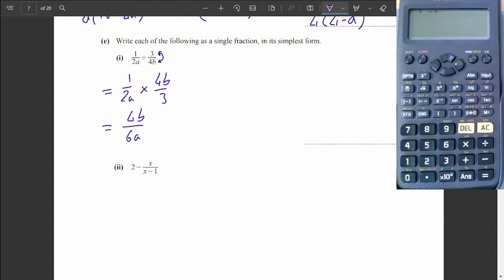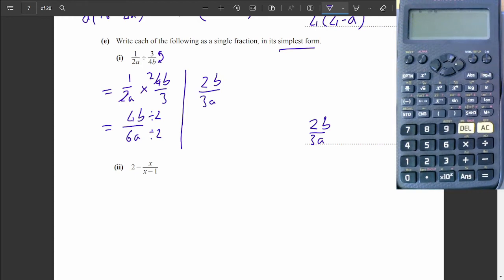And then we can simplify it by dividing both by 2, which will give us 2b over 3a. Of course, before we multiplied, we could have simplified it, and then we could have gotten 2b over 3a straightforward.